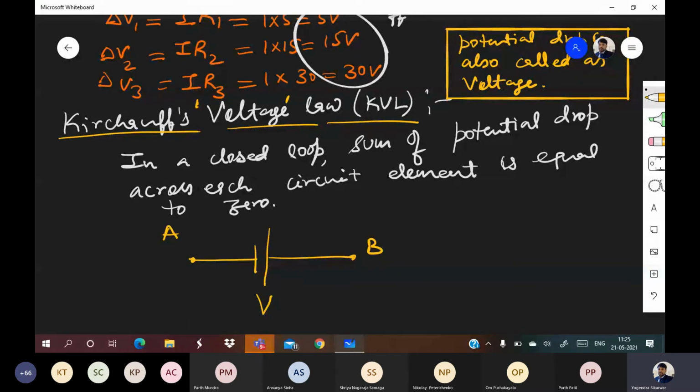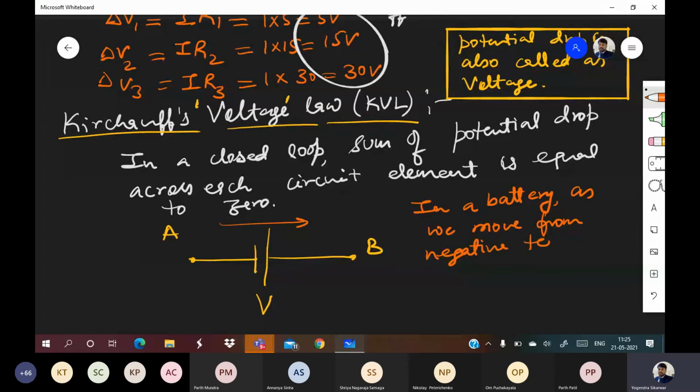So when you are going from A to B, in a battery, if we go from negative terminal to positive terminal, you know that in any battery there are two terminals, one negative and one positive.